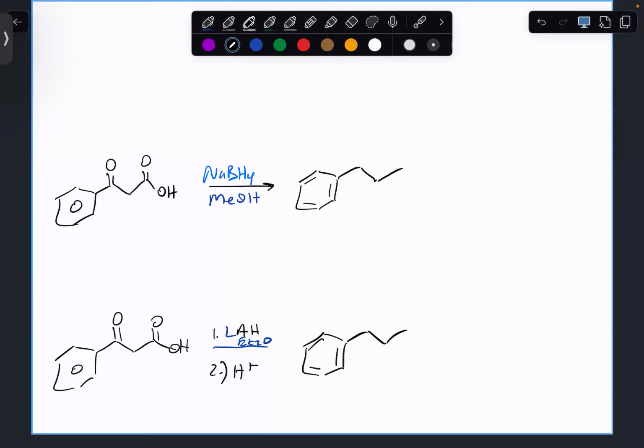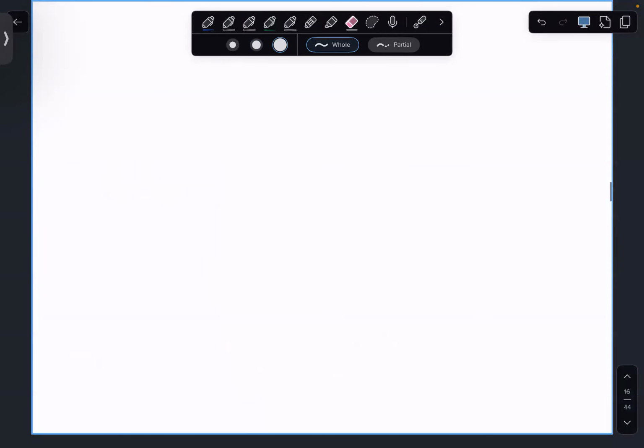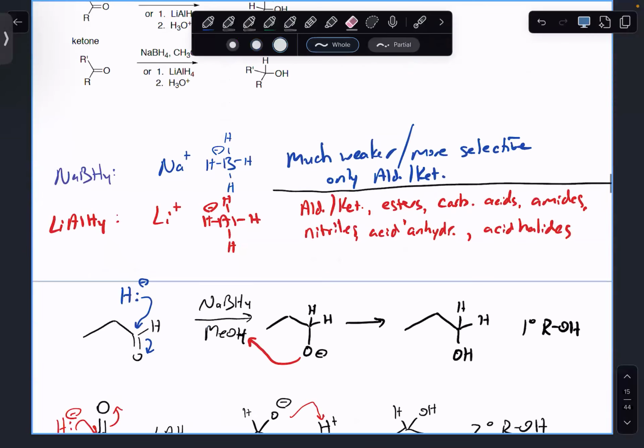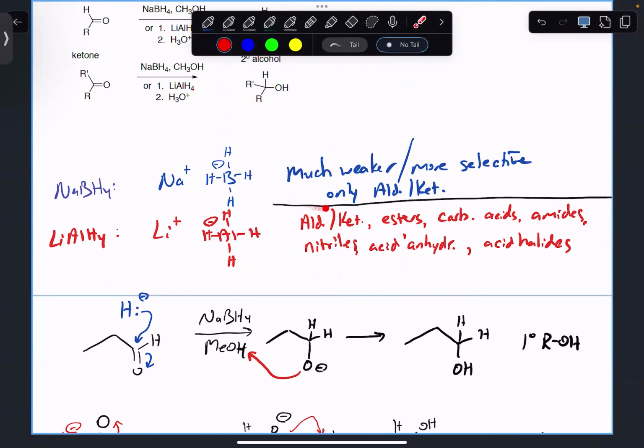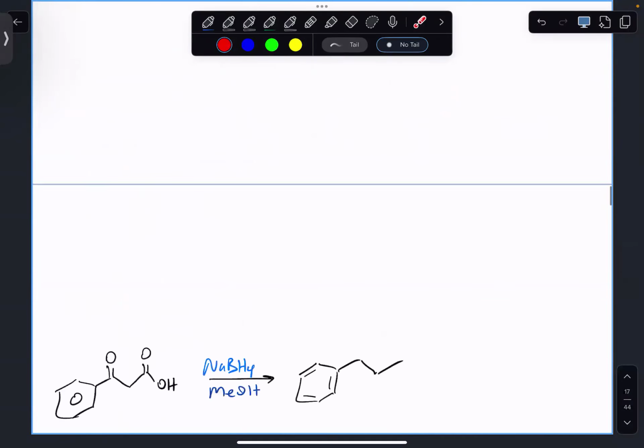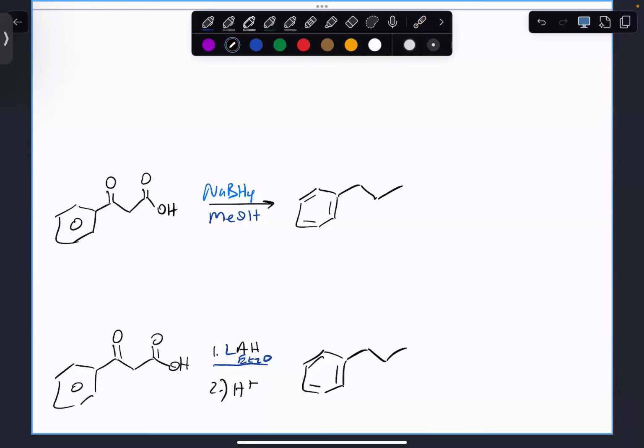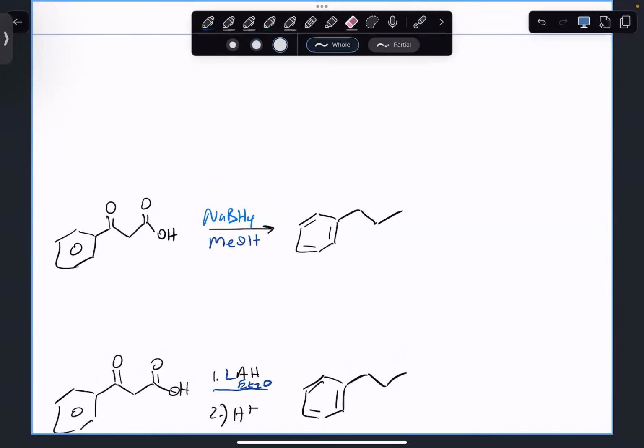So the questions here are fairly straightforward. Is borohydride capable of reducing a ketone? What do you say here? It can only reduce aldehydes and ketones. All right. So yes, borohydride will reduce the ketone, and it will reduce to the secondary alcohol.